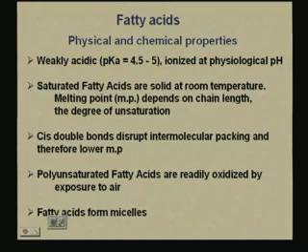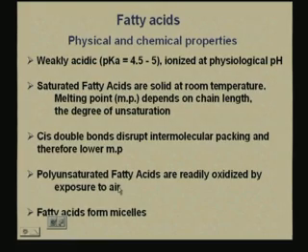Because if you had straight chains that were completely, very well organized, you would have a higher melting point. But due to the presence of the cis double bonds, the intermolecular packing of the hydrophobic chains is disrupted, it is broken, and that lowers the melting point.